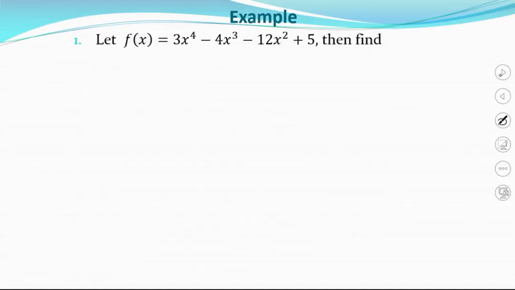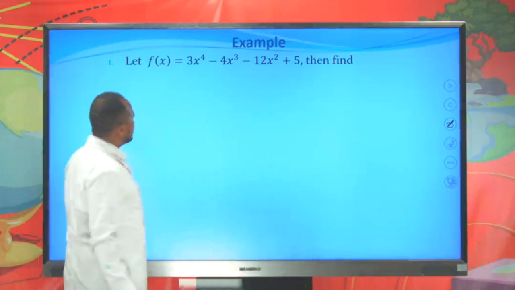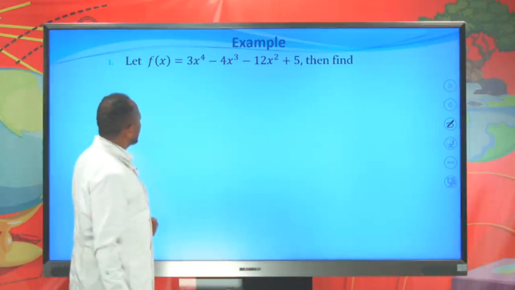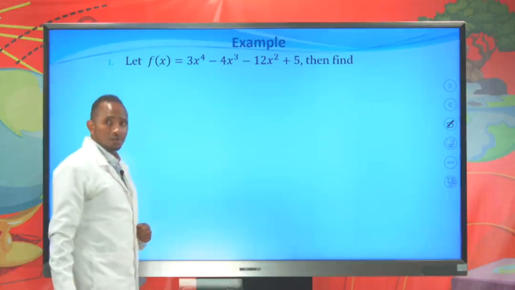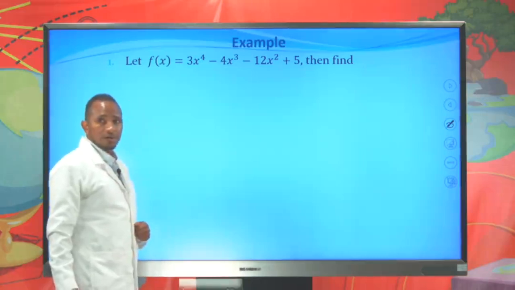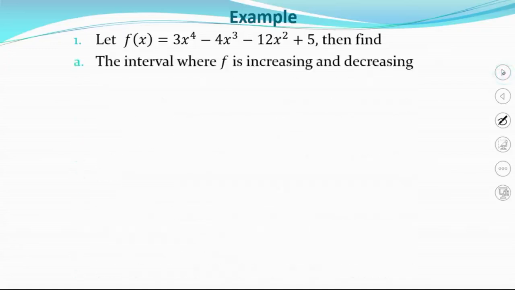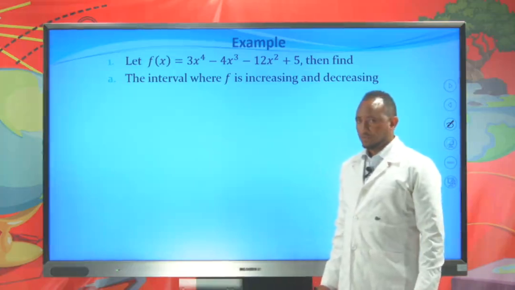Now let's see an example for this. Let f of x be given as 3x to the power of 4 minus 4x cubed minus 12x squared plus 5. Then find the intervals where f is increasing and decreasing.